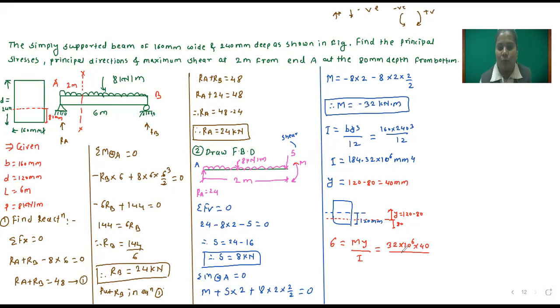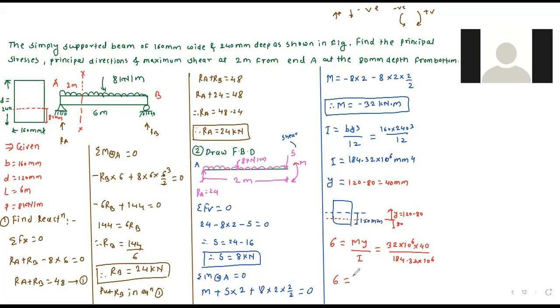Divided by I, the moment of inertia, 184.32 into 10 raised to 6. You calculate sigma b and tell me. Sigma is 6.94 Newton per mm square.